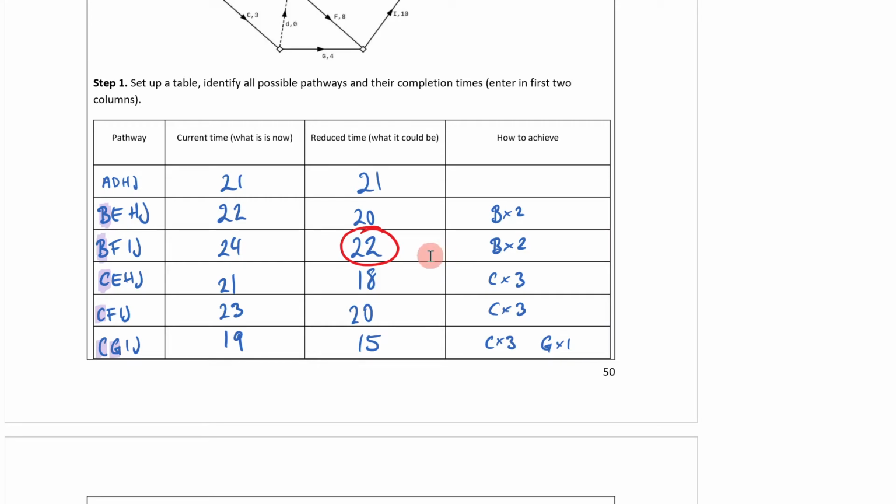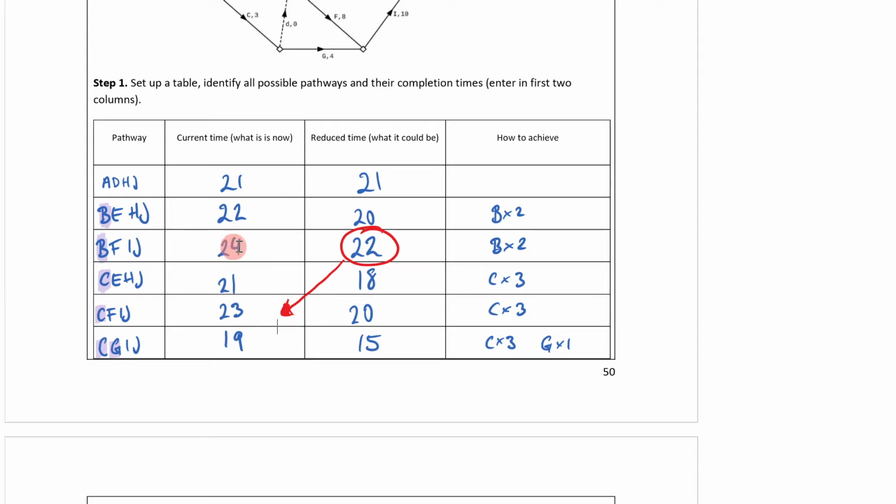All right, so what you've now got to think about is, if I reduced B twice to make it 24 to 22, would a new critical path emerge? And it actually would, because if I applied this reduction right here, the new pathway that would emerge is the one where I reduce C. As you can see here, this is 23.